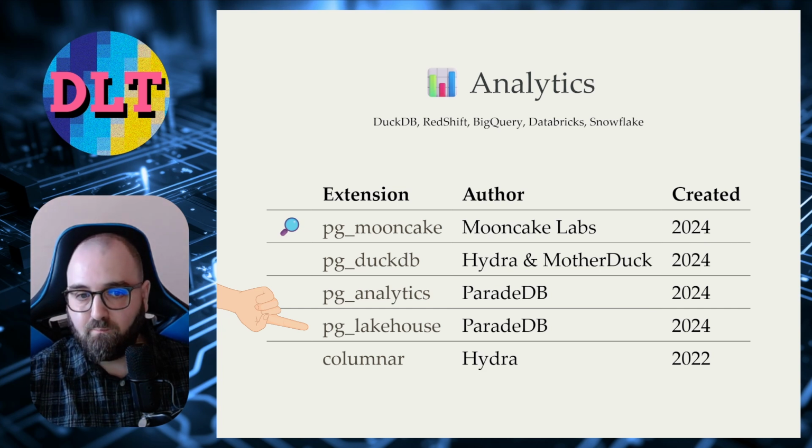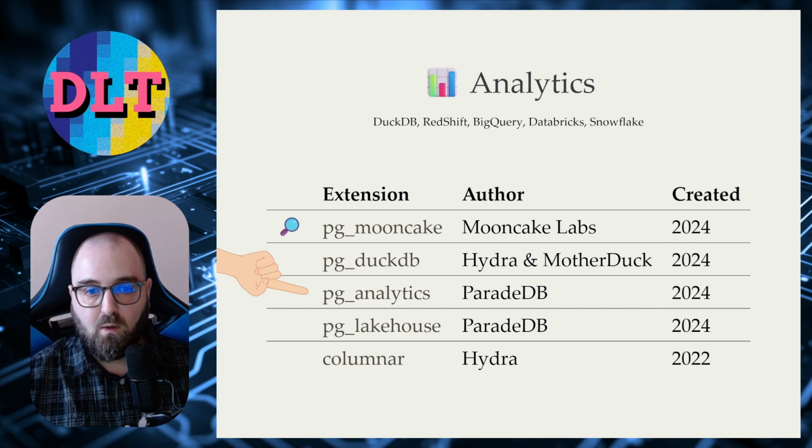This was eventually replaced by PG Analytics, which focused on using Apache Iceberg instead. Very recently, PG Analytics was itself deprecated in favor of integrating everything into PG Search, so kind of like what Elasticsearch does, because ParadeDB is essentially a search extension for Postgres, so they probably decided to focus on that.